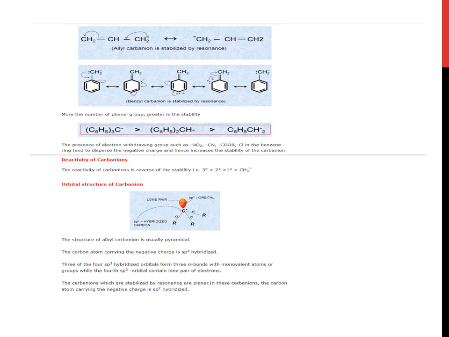The carbon atom carrying the negative charge is sp3 hybridized. 3 of the 4 sp3 hybridized orbitals form 3 sigma bonds with monovalent atoms or groups, while the 4th sp3 orbital contains the lone pair of electrons. The carbanions which are stabilized by resonance are planar. In these carbanions, the carbon atom carrying the negative charge is sp2 hybridized.